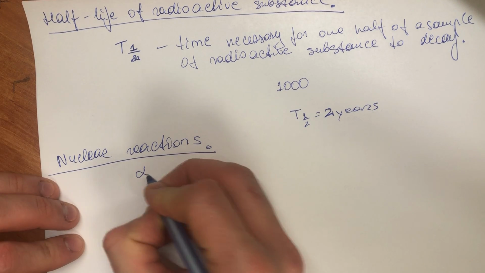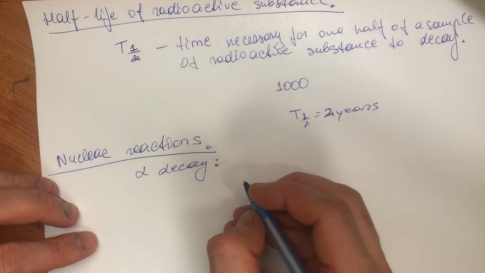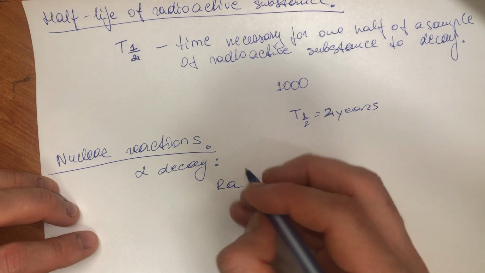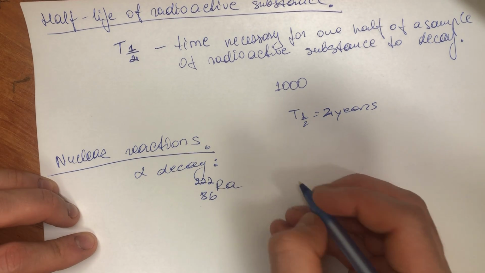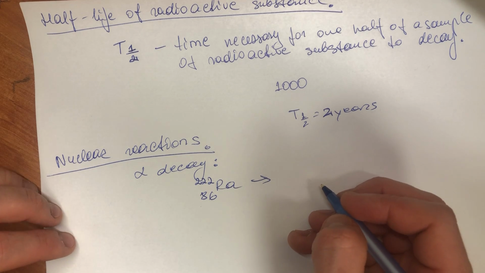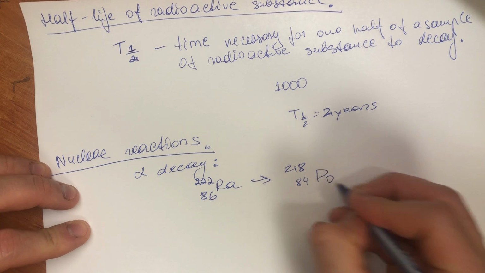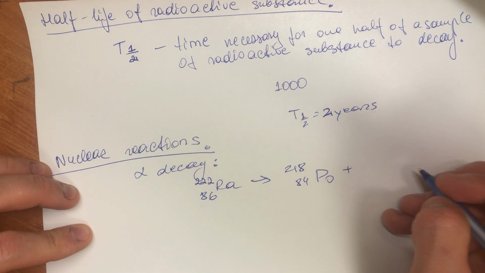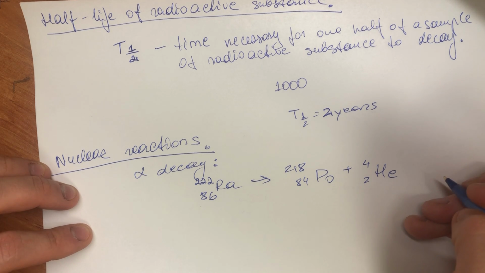For example, in alpha decay, we have radon-222 with atomic number 86, and it splits into polonium-218 with atomic number 84 and a helium nucleus is produced.